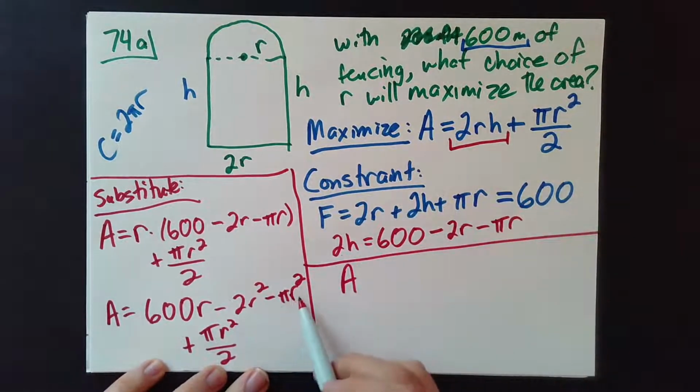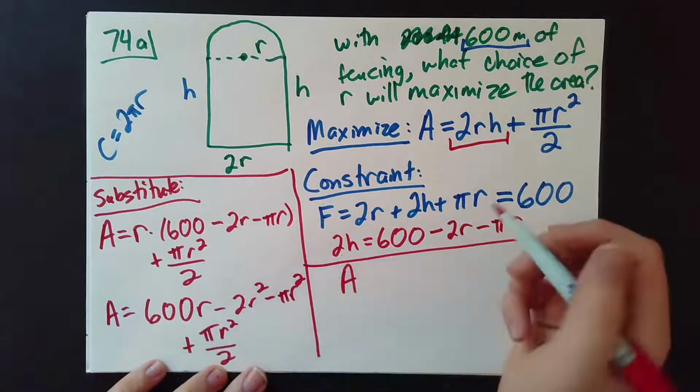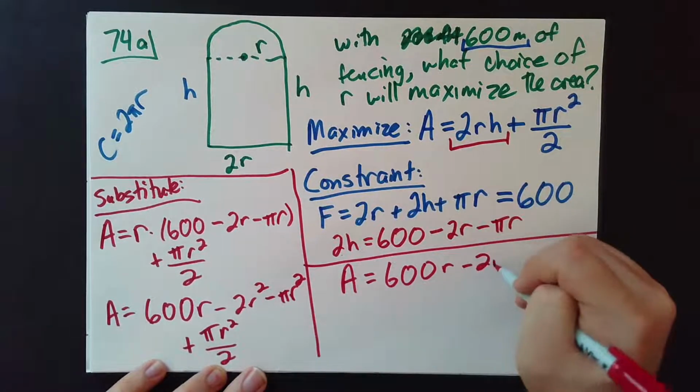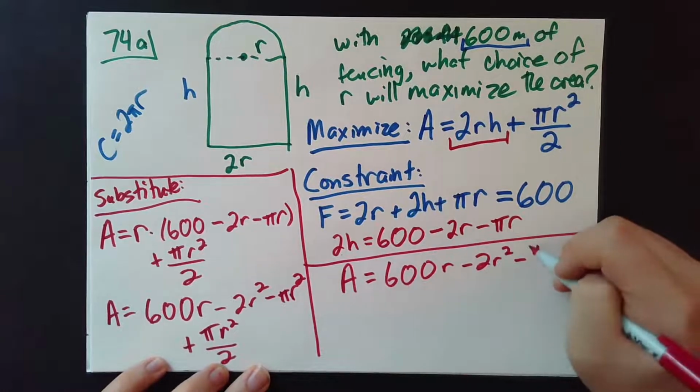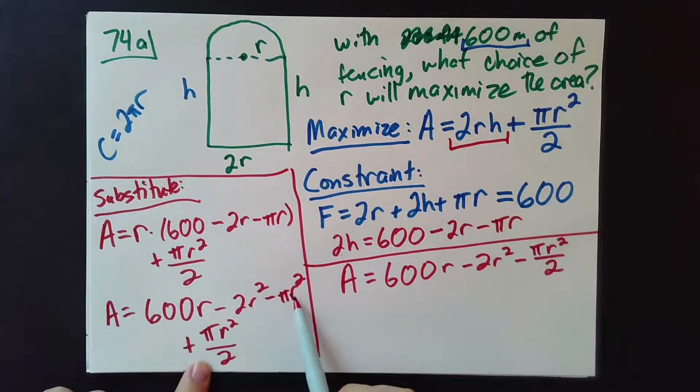So minus pi r squared plus pi r squared over 2, that's just going to be a net minus pi r squared over 2, because these two are both multiples of pi r squared.